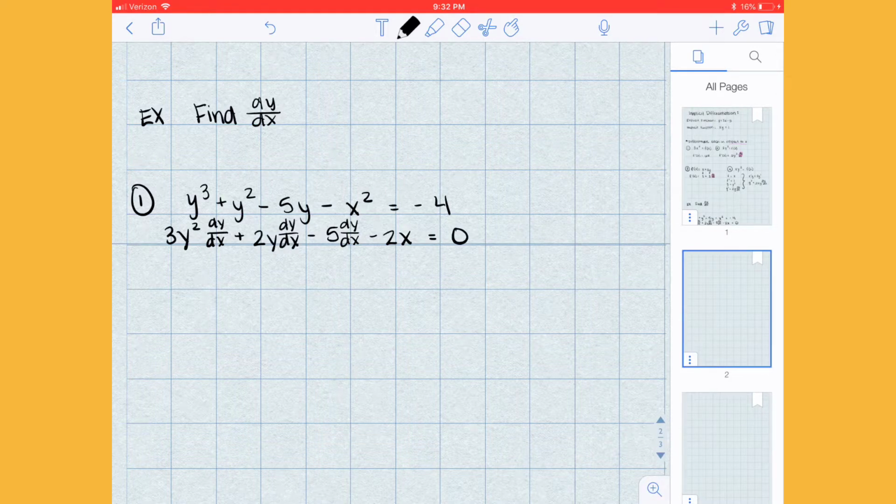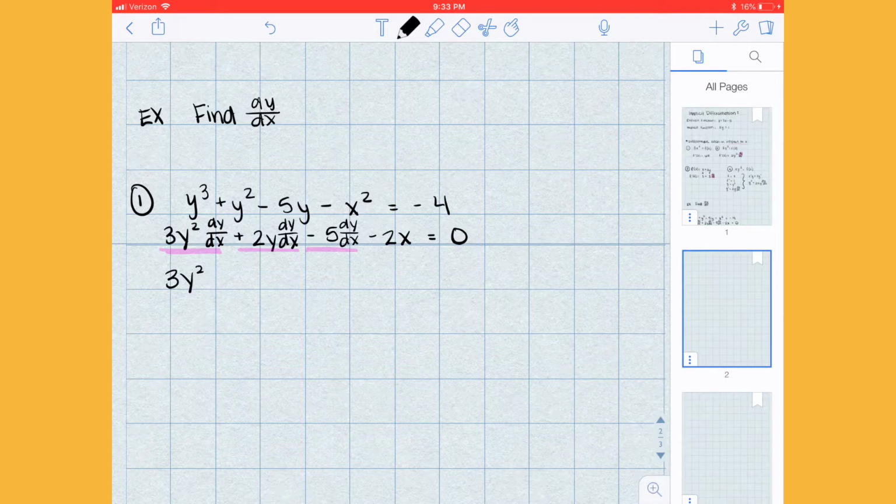And step 2 is to collect all the terms that have a dy over dx on one side, and move everything else to the other side. So that's going to have 3y squared dy over dx plus 2y dy over dx minus 5 dy over dx. And I'm going to add 2x to the other side.